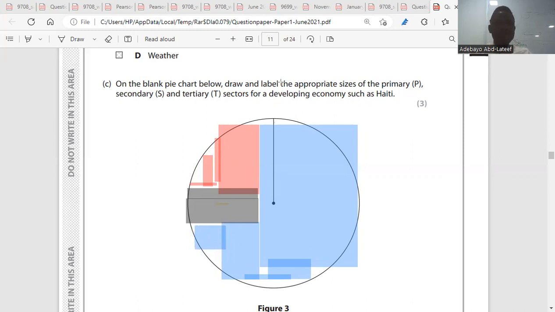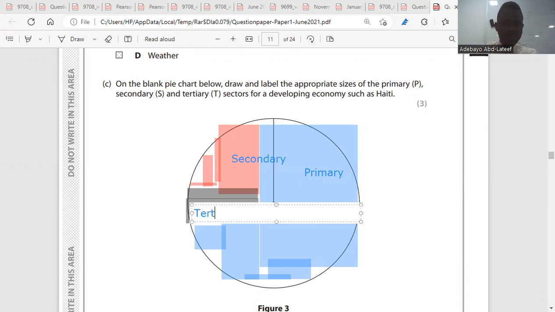So we can write, this is the primary sector, the secondary, and tertiary.